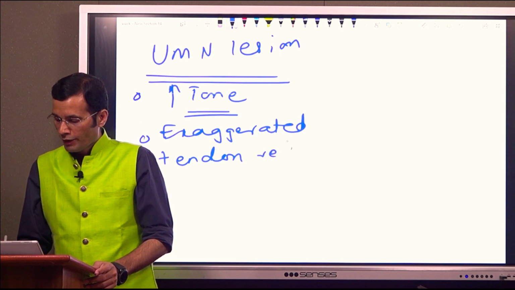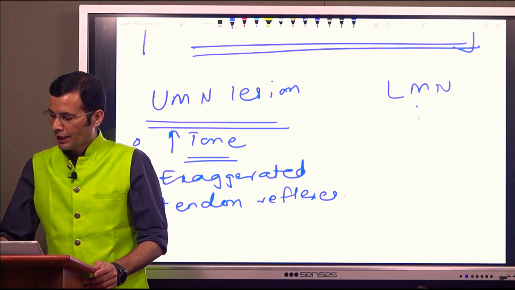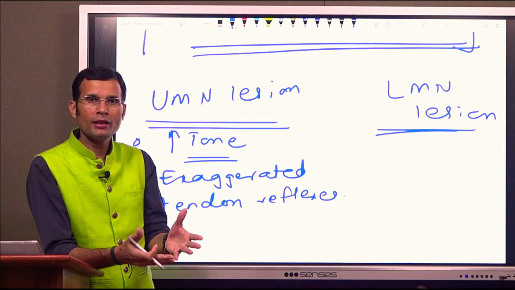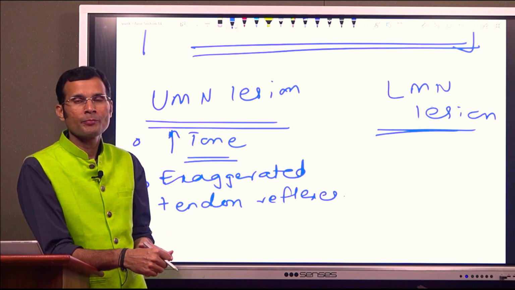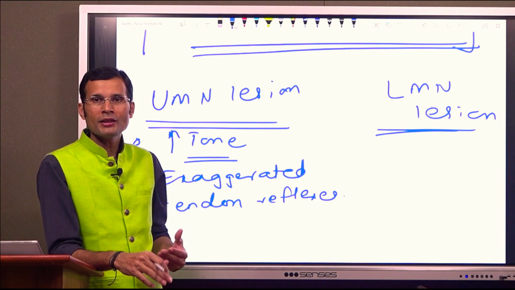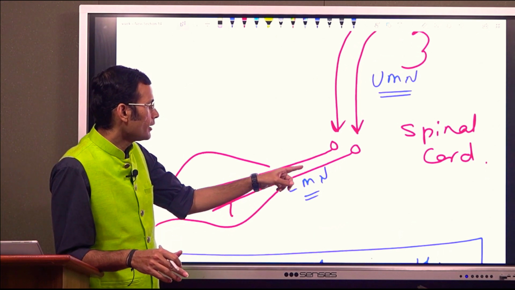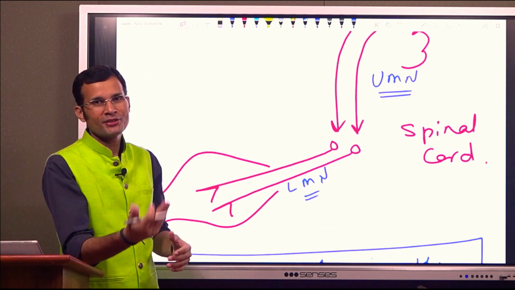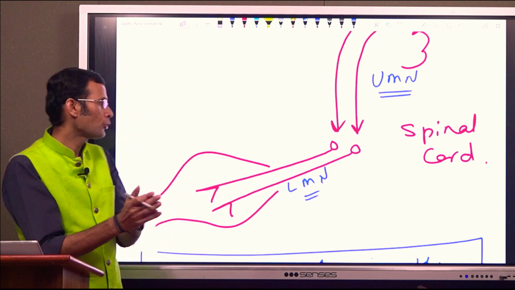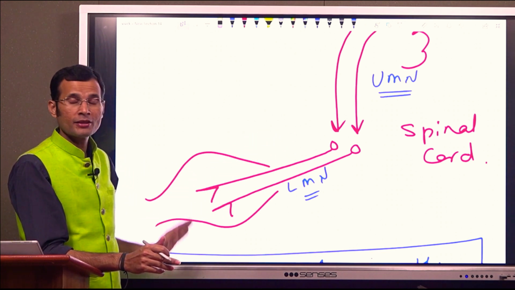So that will be the manifestation. Whereas if there is a lower motor neuron lesion, if I myself, the lower motor neuron, am not well, what will be the effect? Then my activity will be diminished, obviously. In the case of lower motor neuron lesion, and I am repeating again, it's just an analogy to explain, the lower motor neuron is the final common path that reaches the muscle and sends the signal to the muscle.